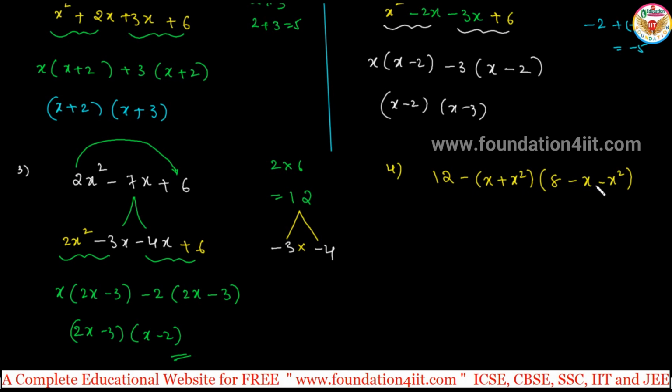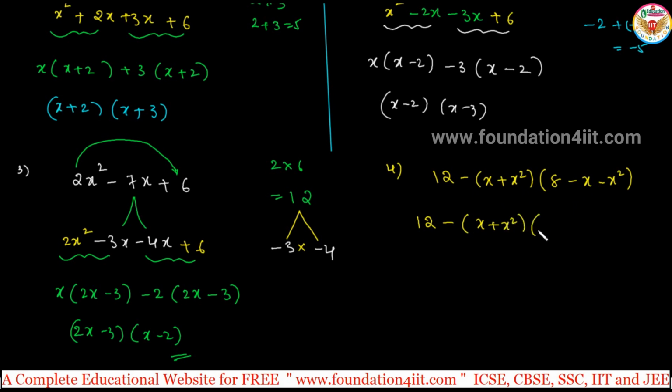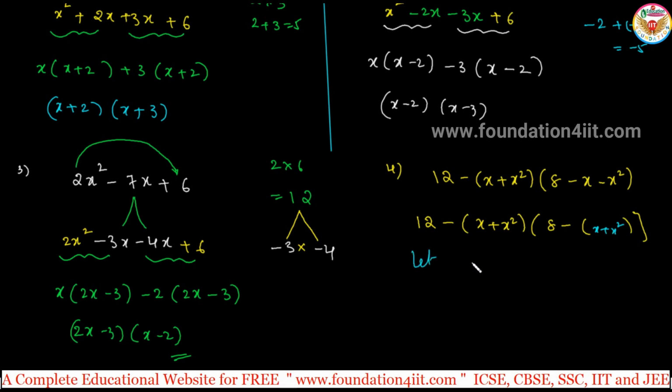There also, if you take minus common, x plus x square. Just let me rearrange this: 12 minus x plus x square into 8 minus, you can take the common from both. Now this becomes again x plus x square.